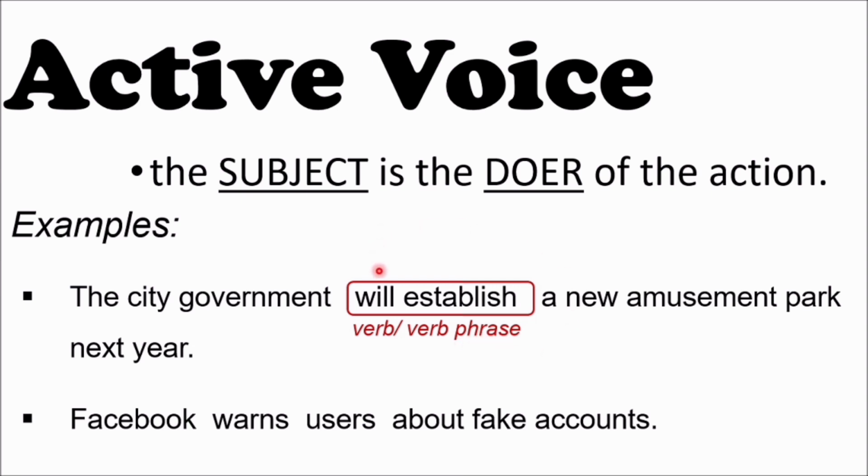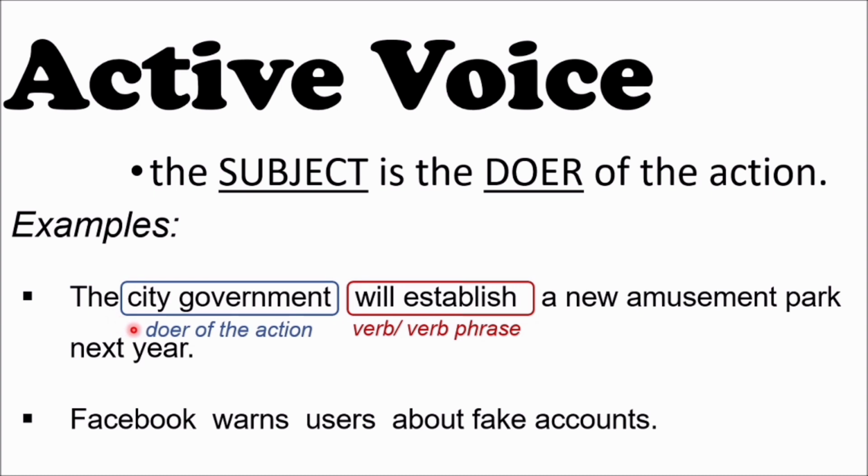Look, we have the modal will and the main verb establish. That is why we call it verb phrase. Now, who will establish a new amusement park next year? Exactly, the city government. Therefore, this is the doer of the action.